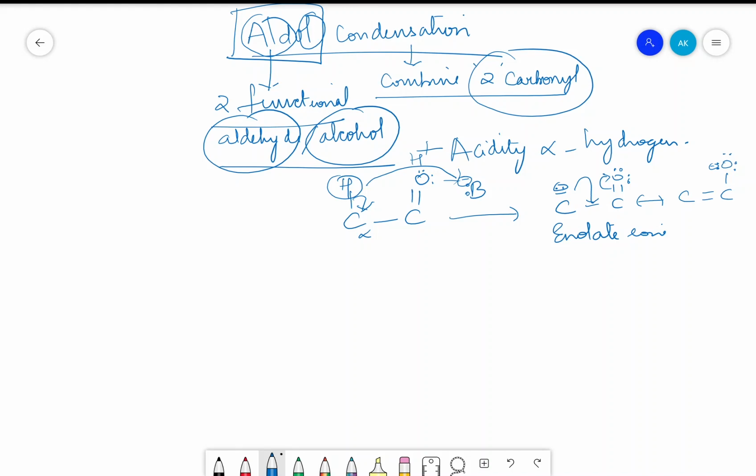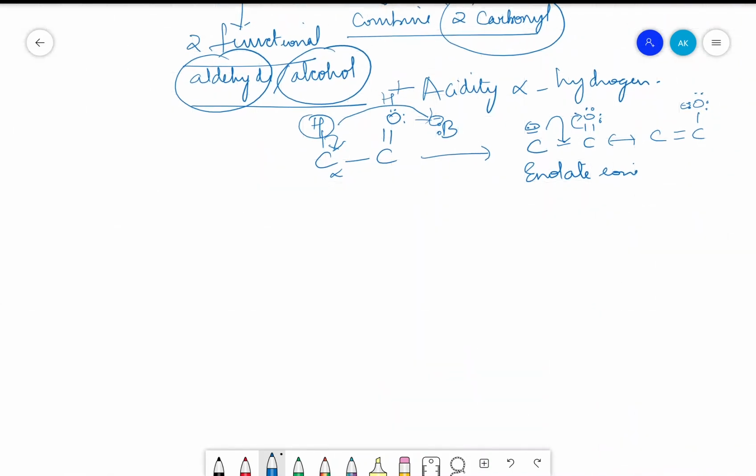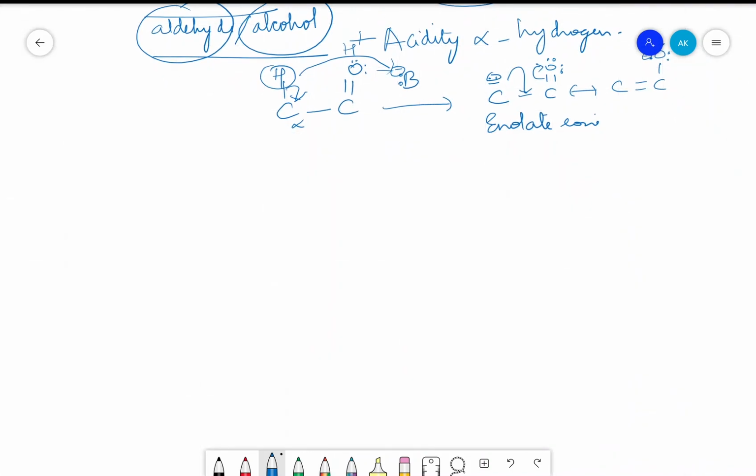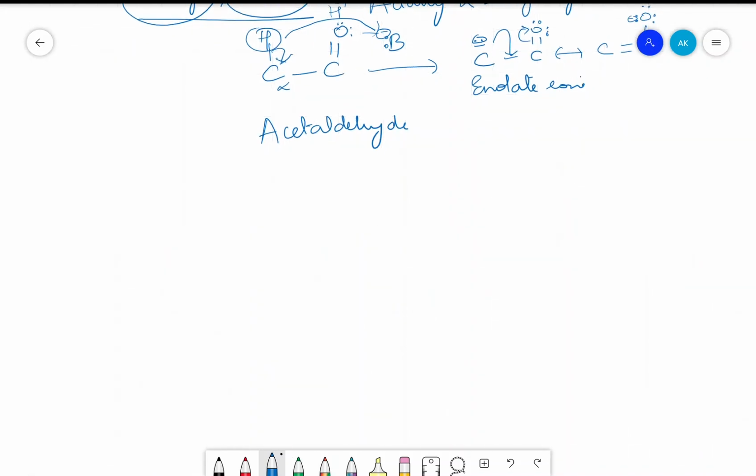Acidity of alpha hydrogen we'll see with respect to one example, acetaldehyde. What is the representation of acetaldehyde? It is CH3 C double bond OH, the molecular formula of acetaldehyde.